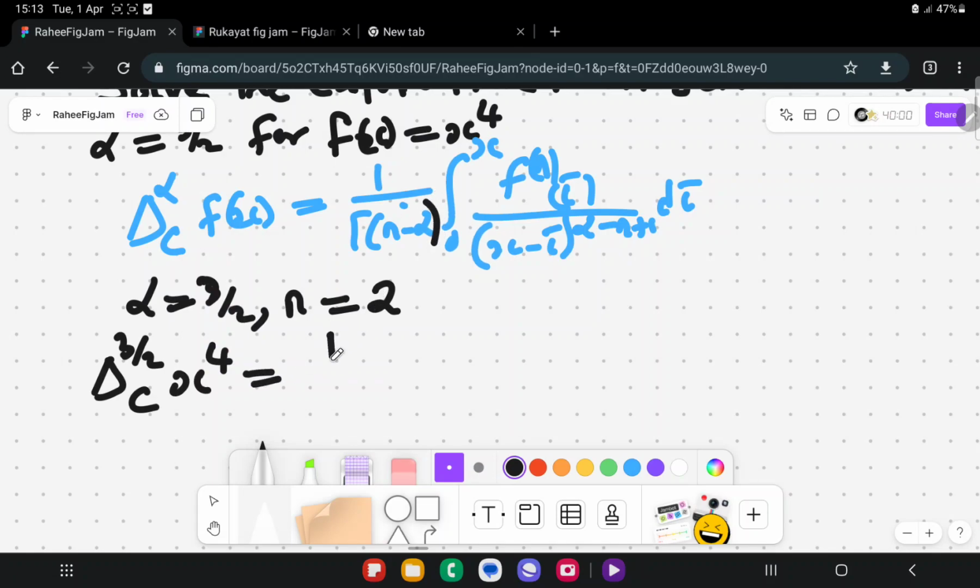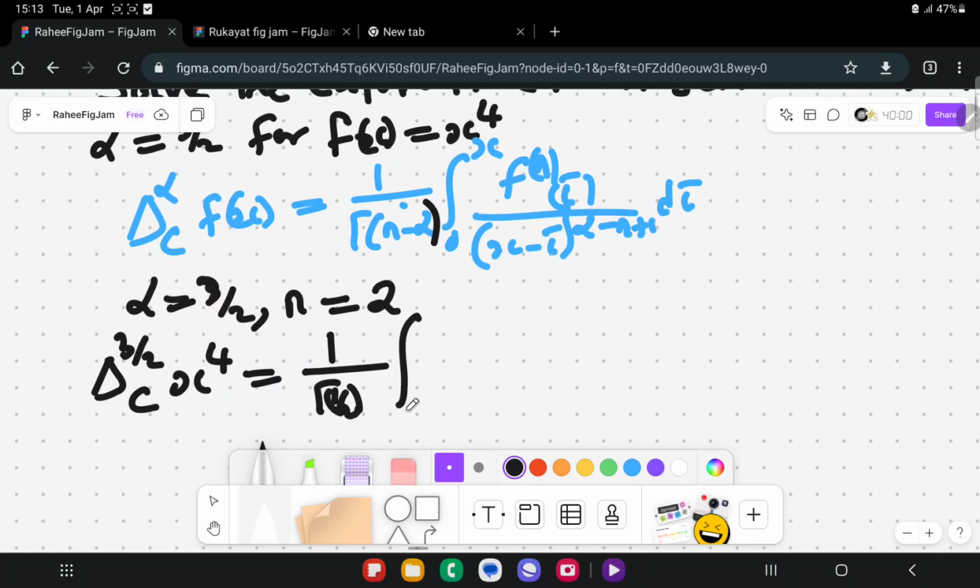And then 1 all over gamma of n minus alpha. Our n is 2, our alpha is 3 all over 2. 2 minus 3 all over 2 definitely will give us gamma of 1 all over 2, which is the same thing as the square root of pi.